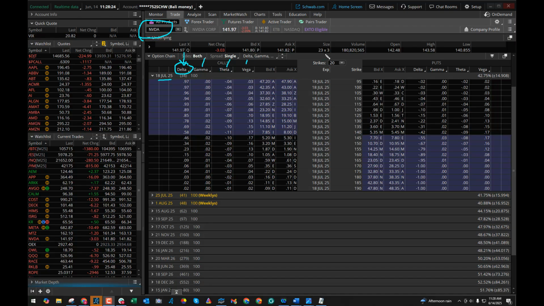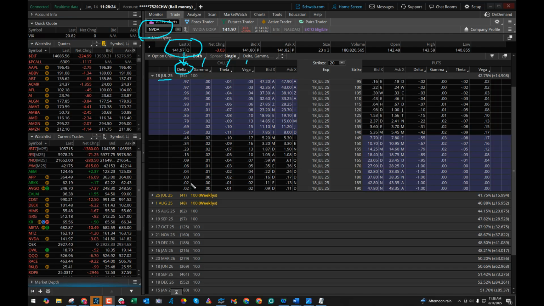But the technical definition of delta is that delta measures how much an option's price moves per dollar movement in the stock. So how much NVIDIA goes up can be determined by this delta or vice versa.